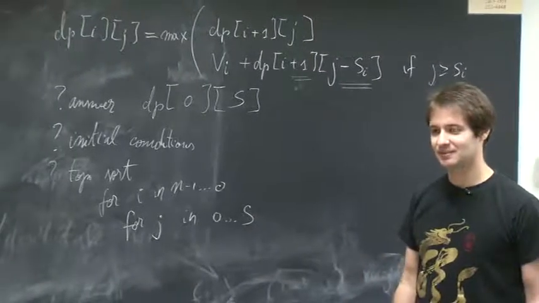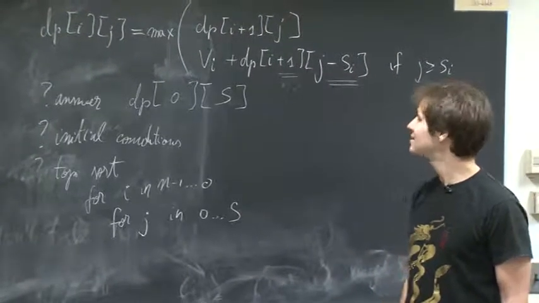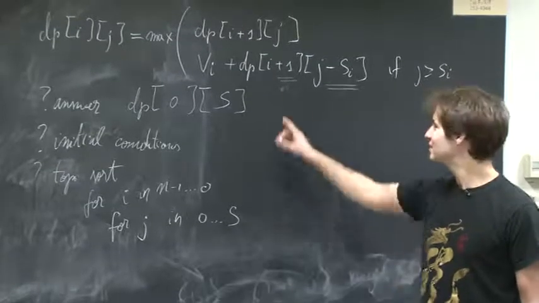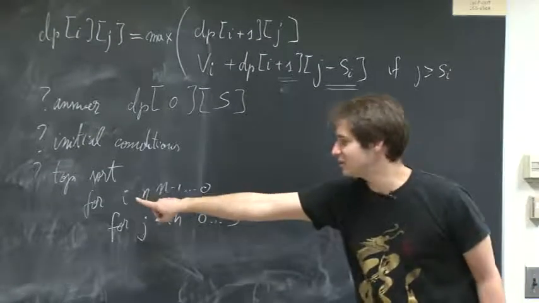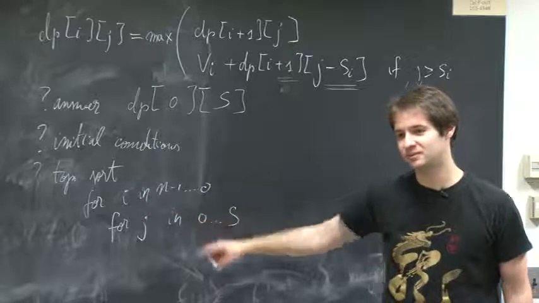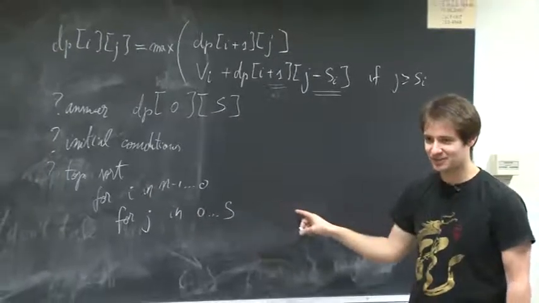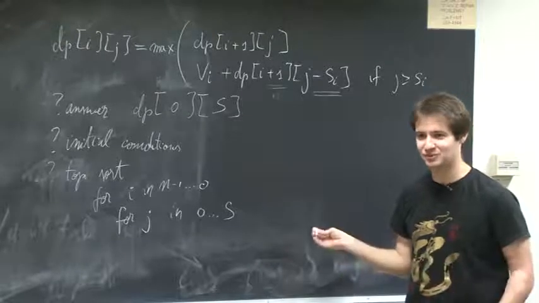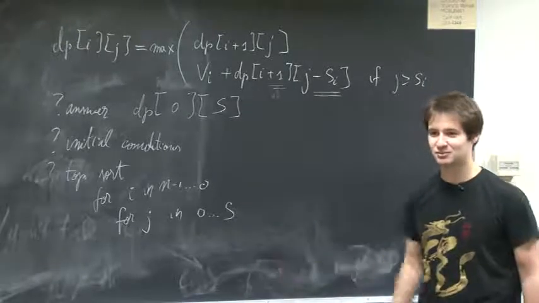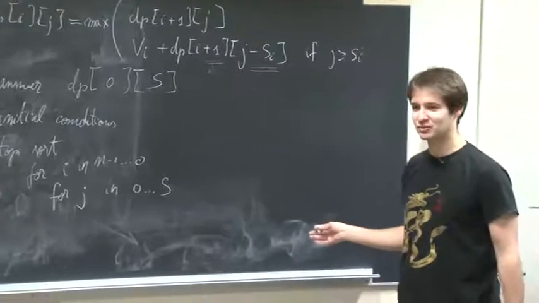Wait, you mean reversing j works? Yes, because we're iterating over i before iterating over j. Of course, this makes more sense. Just because they're both good answers doesn't mean you should choose the one that requires more thinking. I always like the answer that requires the least amount of thinking to prove that it's correct.